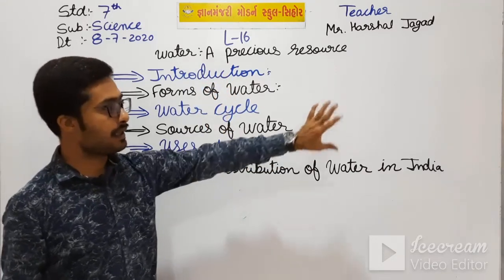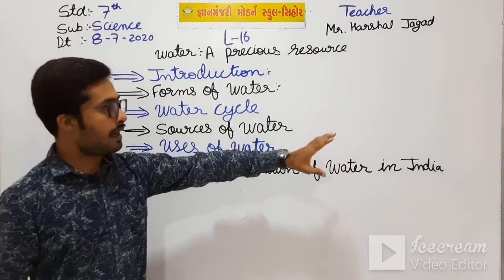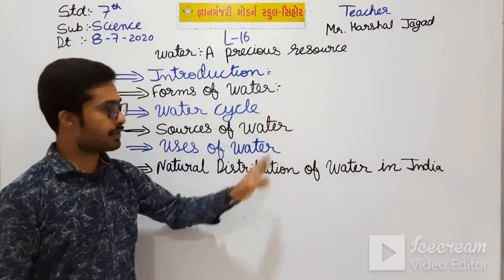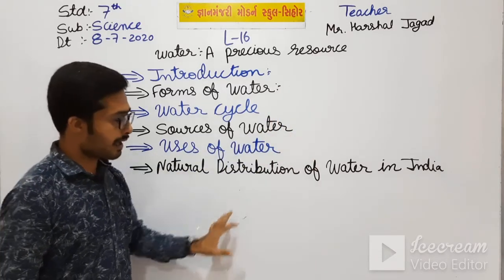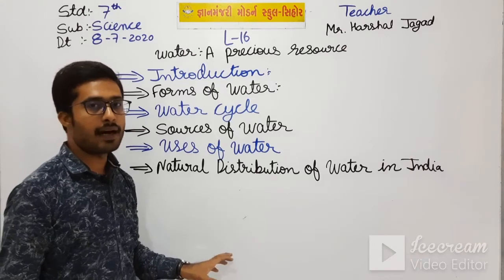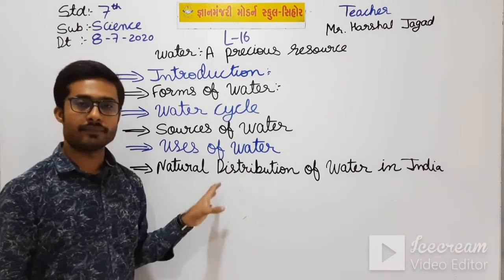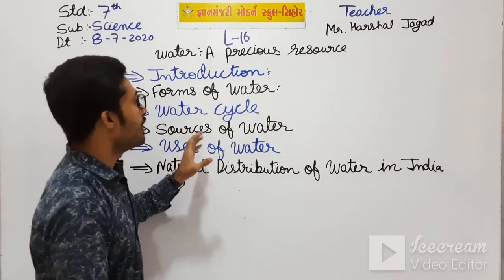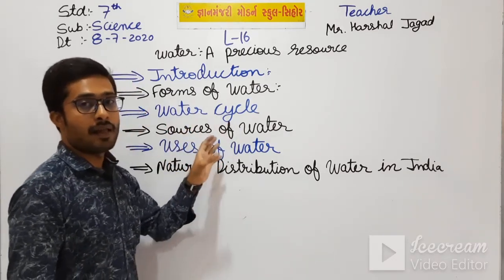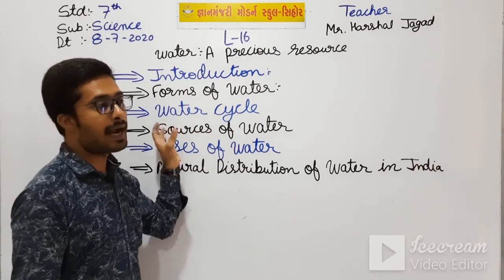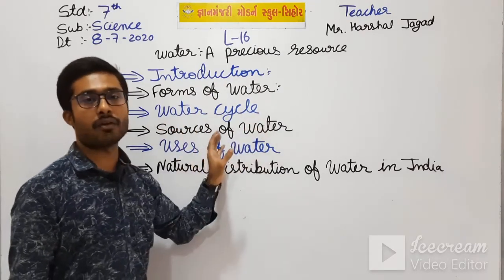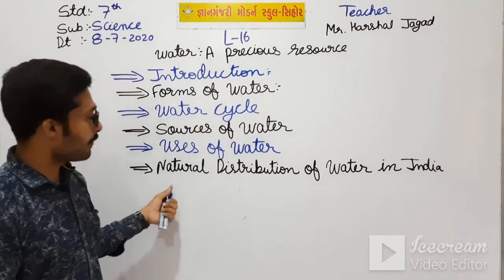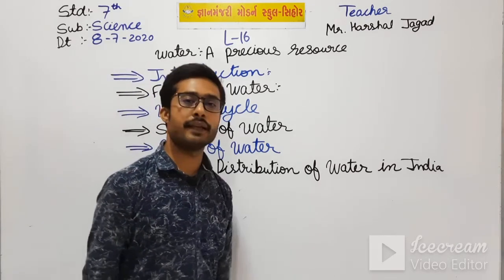Some rivers are in the east, which fulfill the eastern states, some are in the southern part, which fulfill the southern states, and some rivers are in the western part, which fulfill the western states of India. Okay, so this is the whole natural distribution of water in India.